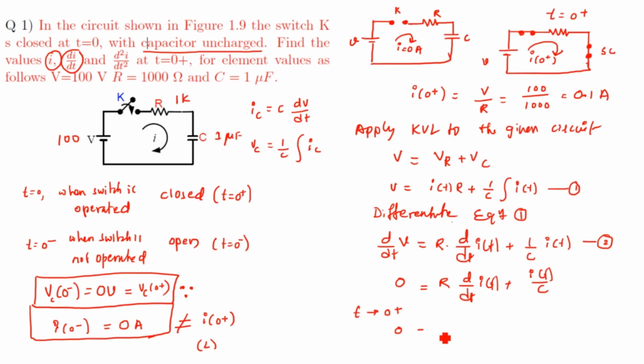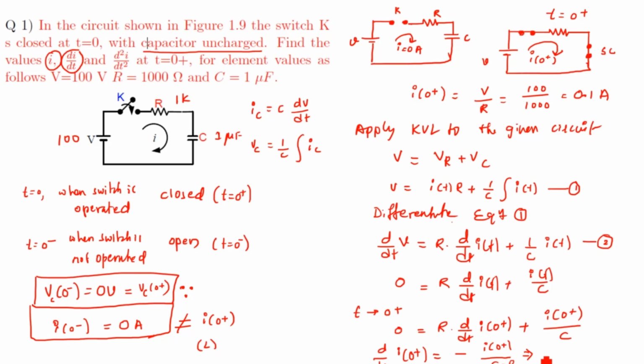That is 0 equals R into d by dt of I of 0 plus plus I of 0 plus divided by C. Then simplify this. What is I of 0 plus? It is calculated as 0.1. So d by dt of I of 0 plus equals minus I of 0 plus divided by C into R.